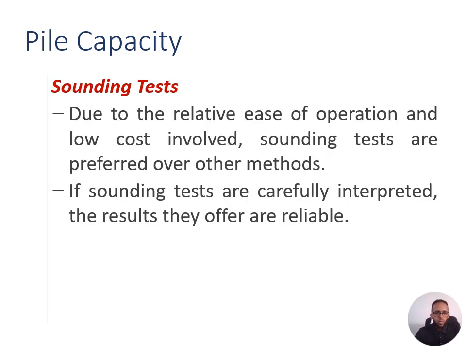Another way to determine the pile capacity is using the sounding test. For example, from the sounding test, we can take cone penetration test or standard penetration test, which are relatively easy to perform and a cost-effective way of estimating pile capacity. When carefully interpreted, these results from sounding tests can offer reliable insights into the pile capacity.